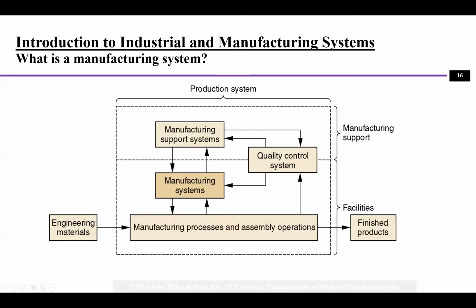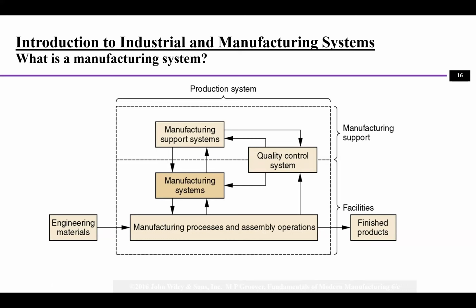For example, we start with materials, some engineering materials, and then we have manufacturing processes to convert the materials into a final product. But those processes are actually managed by some support systems. For example, how do you arrange a schedule? How do you plan?